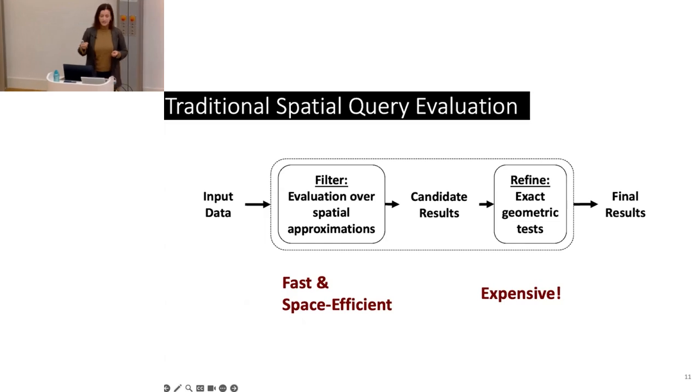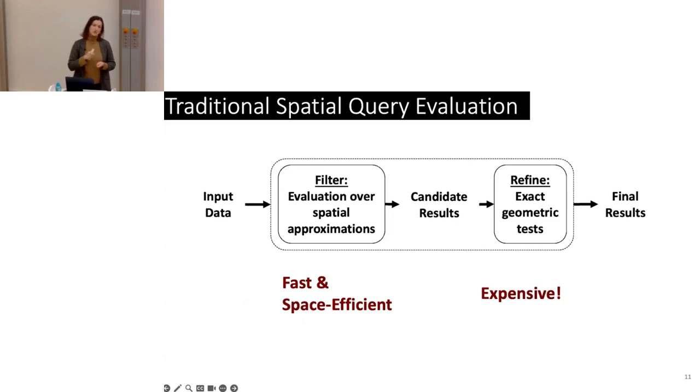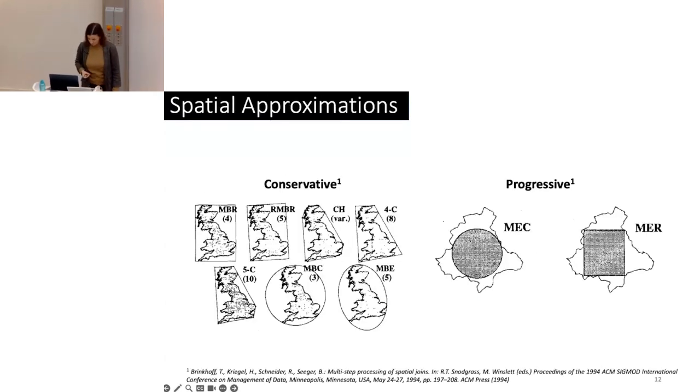Also, because this two-step filter and refine framework was proposed some decades ago, back then these approximations of your spatial objects were stored on slow secondary storage. So it was also important to use space-efficient approximations that you can load fast, for fast access. That's typically a property you want to have.